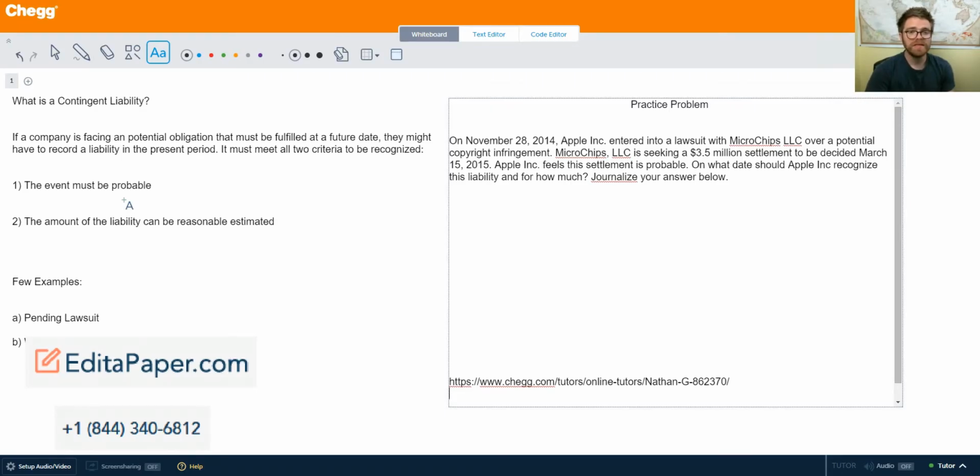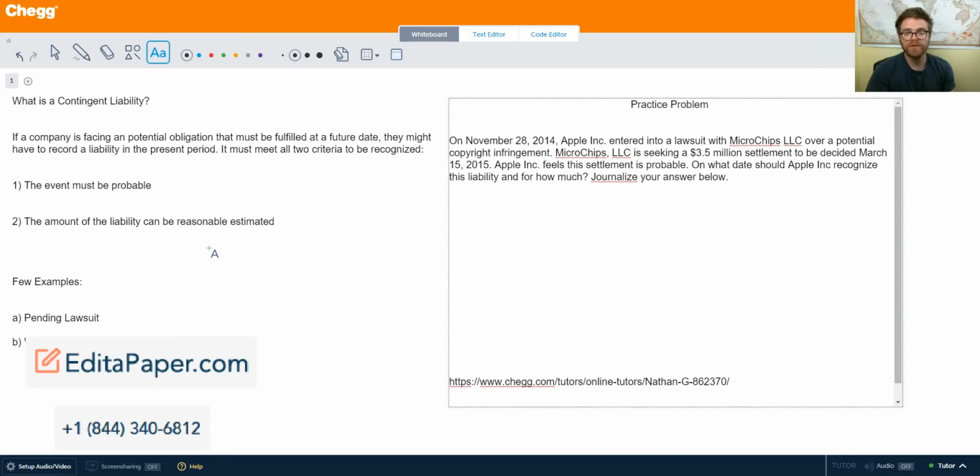But if it is likely to happen, but it's not probable, so not more than 50%, usually that is disclosed in the financial statements. However, if it is probable, more than 50% likely to happen, and there is a reasonable estimate of the liability, then you must recognize that. And usually they use a journal entry to recognize that.